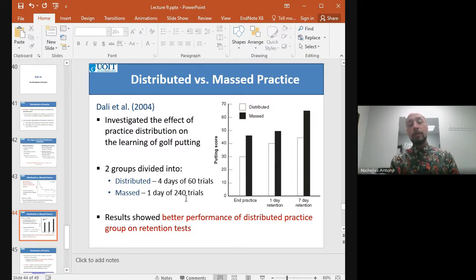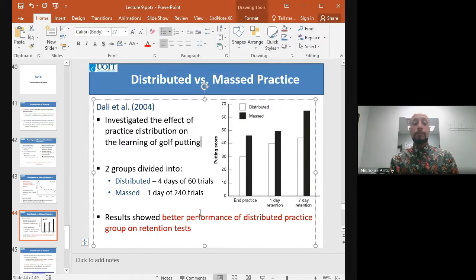So each group did the same number of practice trials, but the distributed practice did it over a shorter amount of time over more days. And what the results showed was that on the retention tests, look at the difference. The distributed practice group did so much better.